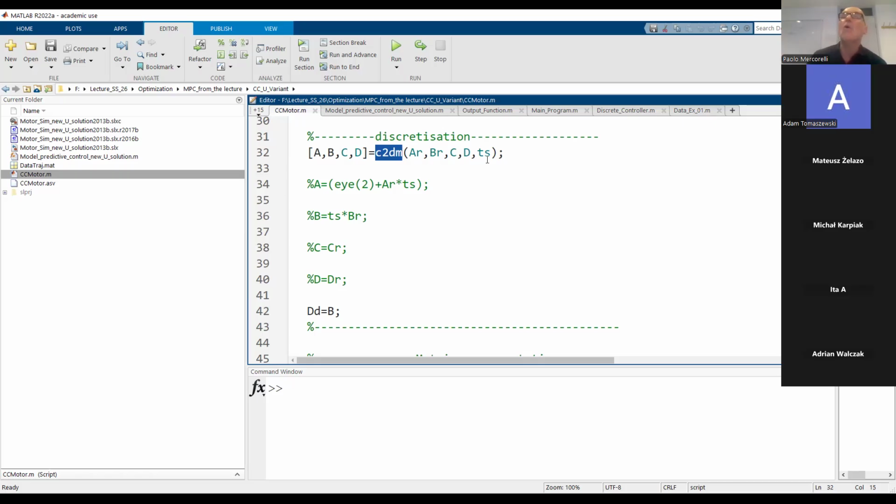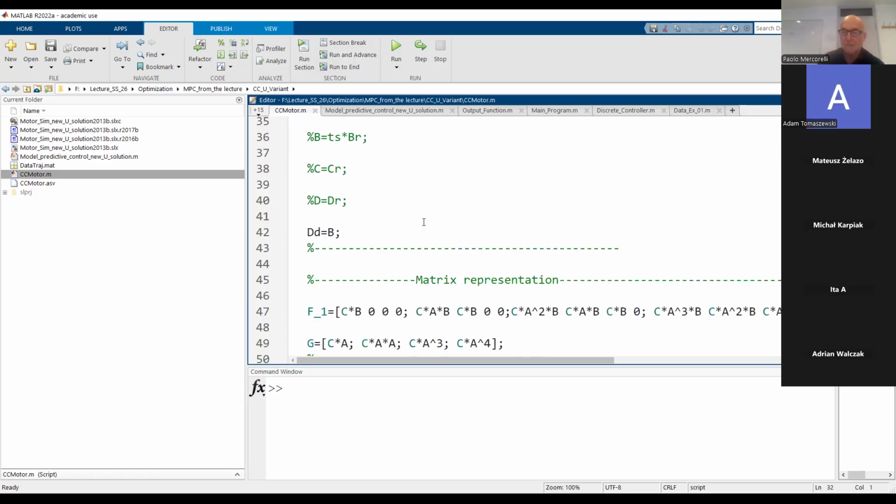All other discretizations represent approximations or variations of this. MATLAB realizes this, even though it's an approximation because it's based on an exponential function, which can only be approximated.